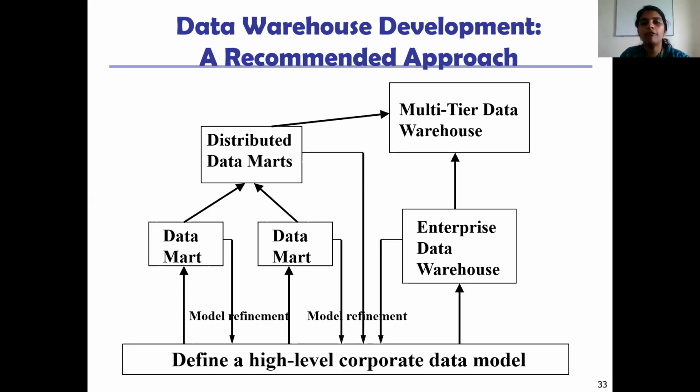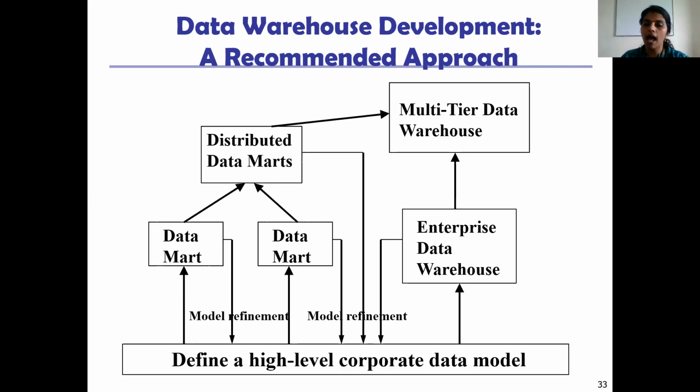Okay, so we will follow a middle path. In the middle path, what do you do? You are building a corporate-wide data model at a high level, not as refined as the enterprise warehouse. From that corporate data model, you are deriving the data marts and enterprise data warehouse. So it minimizes integration issues. At the same time, it will be less time consuming.